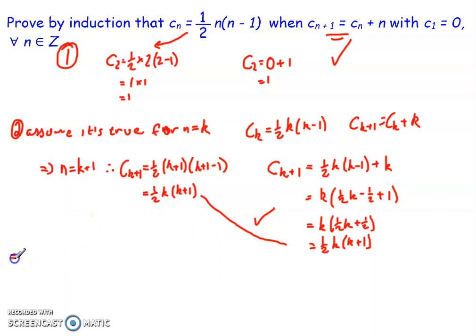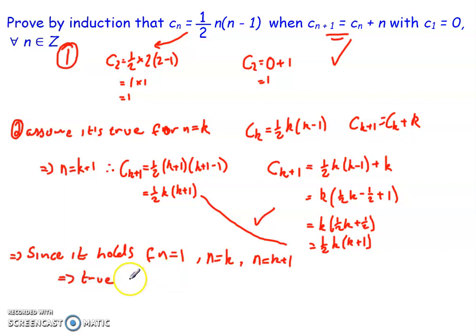So what I can then say is therefore since it holds for n equal to 1, so that gives me c1, and n equal to k, and n equal to k plus 1, it's therefore true for all n belonging to z.